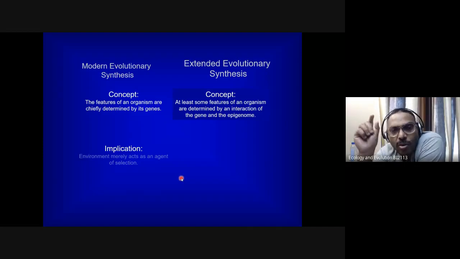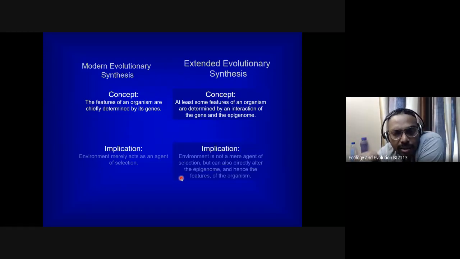What epigenetic markers will come is obviously going to depend upon what environmental conditions the organisms end up facing. Therefore, environment is no longer a simple agent of selection. Environment, we now understand, also plays a role in determining at least some of the features of the organism.